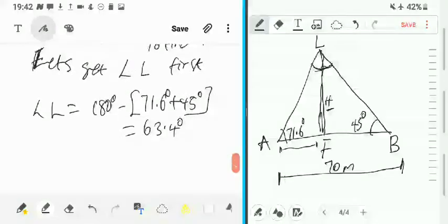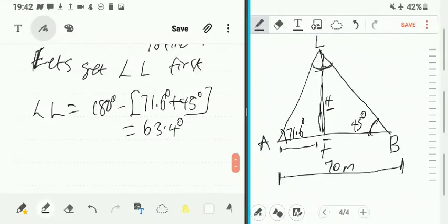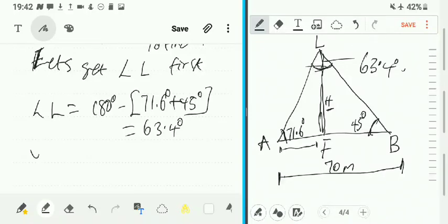I'm using the sum of angles in a triangle. This side is given, this angle is given, this angle is given. So the third one will just be 180 minus the sum of these two. So this is 63.4 degree.